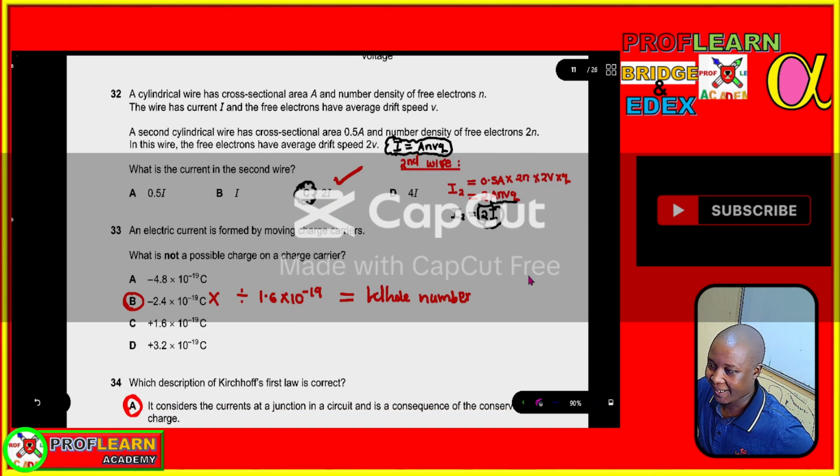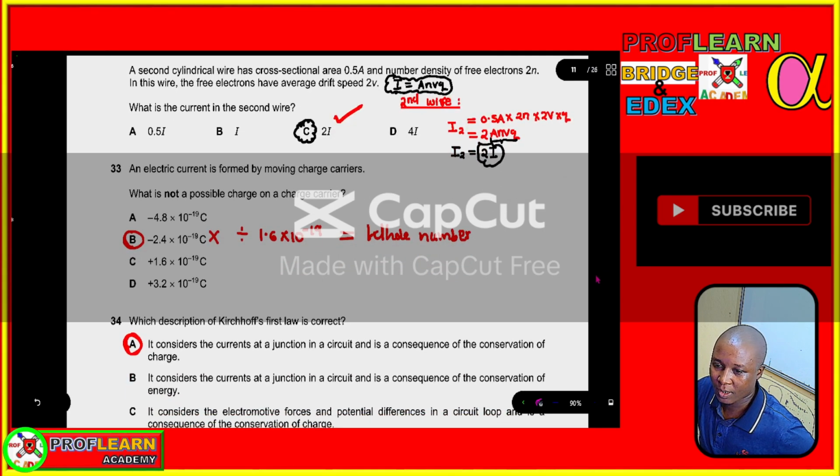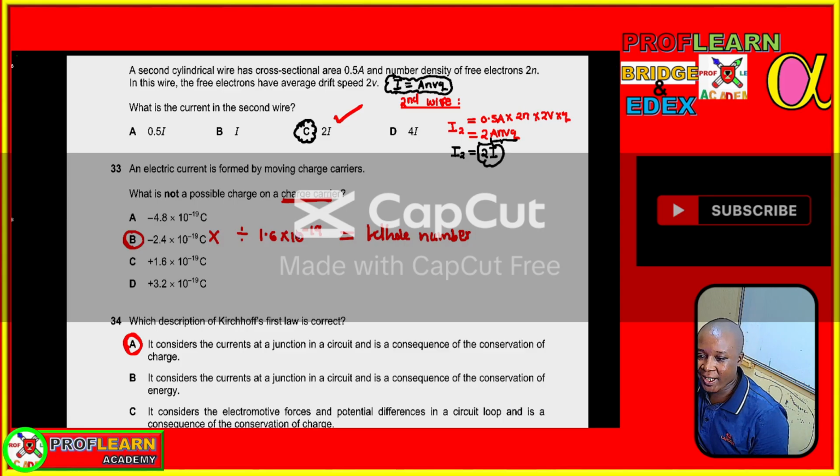For question number 33, electric current is formed by moving charge carriers. What is not a possible charge for the charge carriers? So what you need to do here, for every quantity that you have, is divide it by 1.6 times 10 raised to the power negative 19, because charge is discrete. If you have 1 electron, it is 1.6 times 10 raised to the power negative 19. If you have 2, it will be 3.2 times 10 raised to the power negative 19, and so forth.